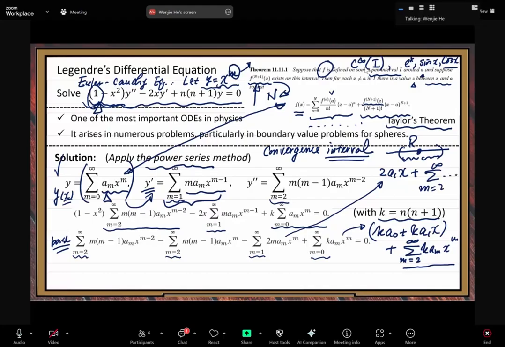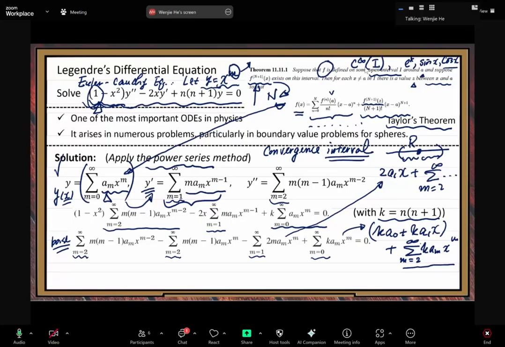In this way, we can combine all the terms in the summation starting from 2 to infinity.